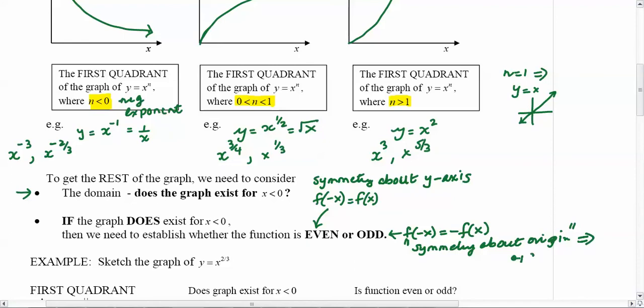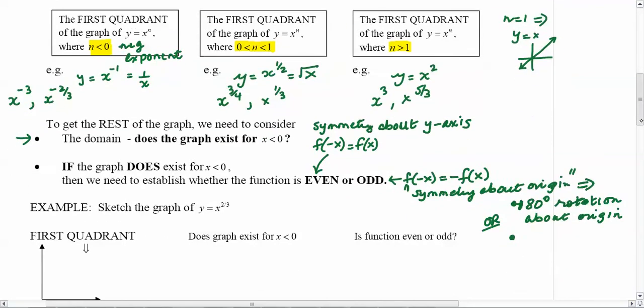You take one half of the graph and rotate it 180 degrees about the origin, or you can think of it as a double reflection, a reflection in the x-axis, then the y-axis, or vice versa. It doesn't matter the order in which you do the reflections.